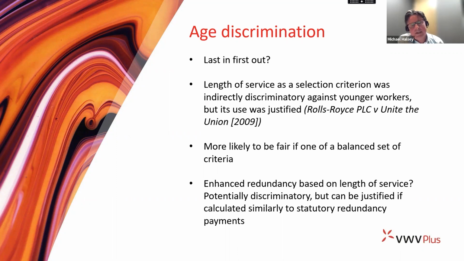However, if you use last in, first out as part of a selection matrix, a balanced selection matrix, then whilst it will have an indirectly discriminatory effect, there are several cases which demonstrate that you as an employer will be able to demonstrate that that was a proportionate means of achieving a legitimate aim.